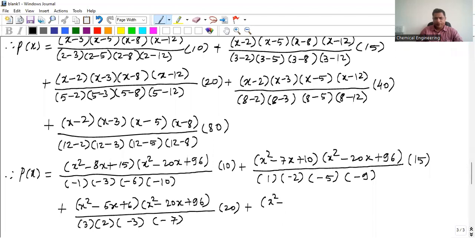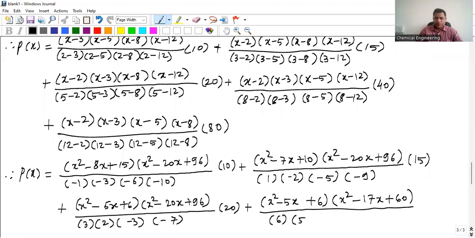Now here we have x square minus 5x plus 6, and here it is x square minus 17x plus 16. And see this term, so it is going to be 6, this is 5, this is minus 3 and minus 4, and into 40.